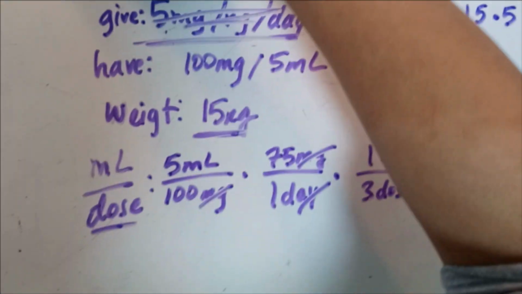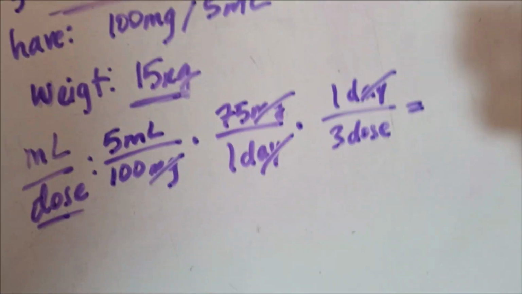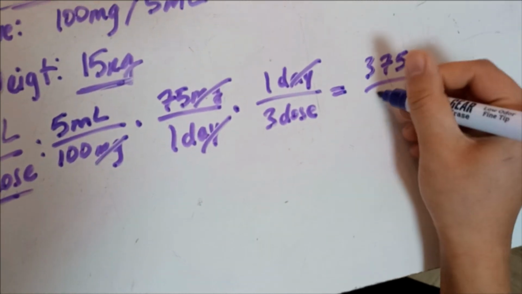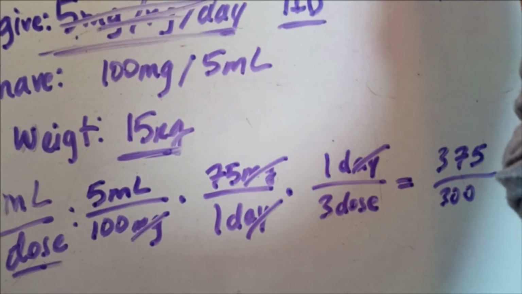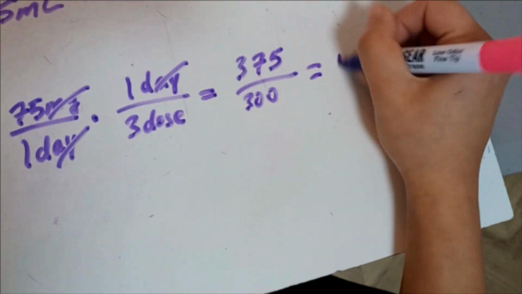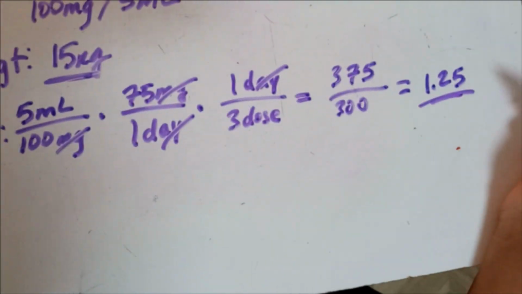So let's check how much that comes up to. So this is 375. Okay, this will be 300. 375 divided by 300 is, you do get a calculator on your exam, at least for us we did. It was a 4-function calculator. So this would be my answer.